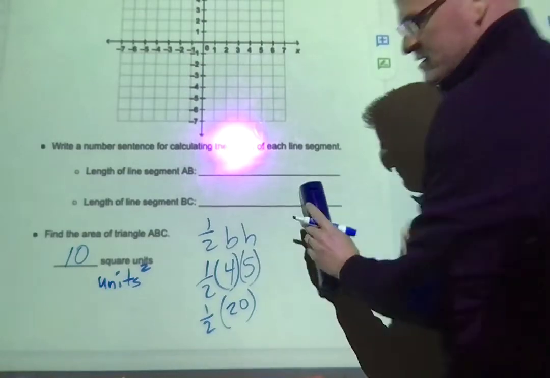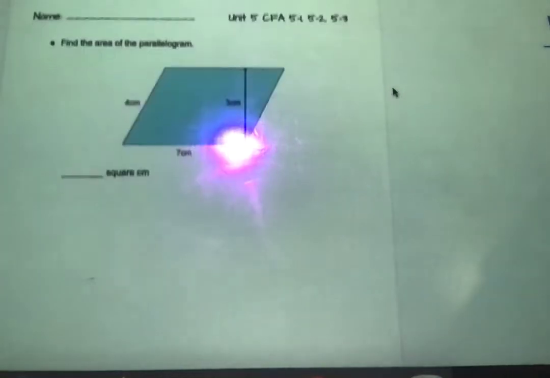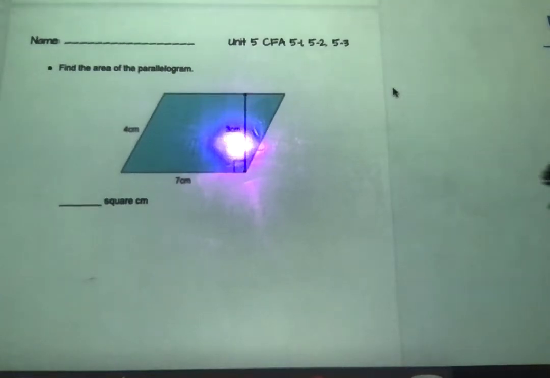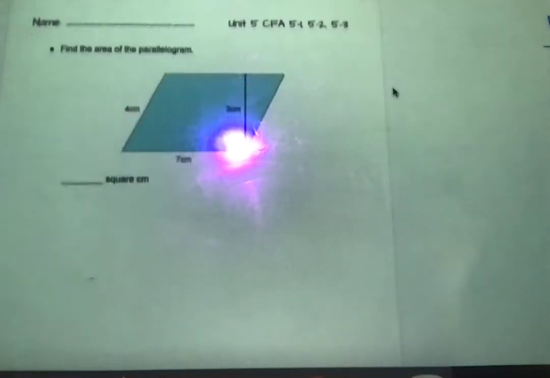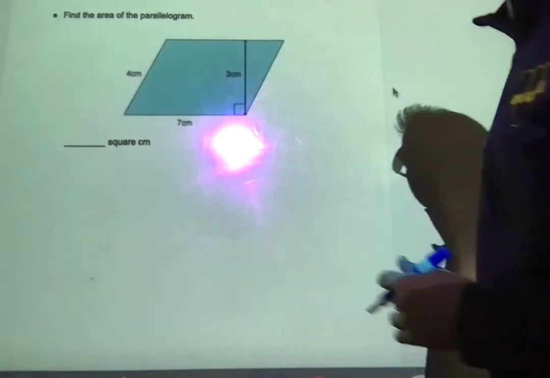We'll flip over to the back here and look at the last part. The last one is to find the area of a parallelogram. Okay, and kind of tough to see. We'll get it where we can see it here. We got that light right in the way. All right, so we got the parallelogram here.